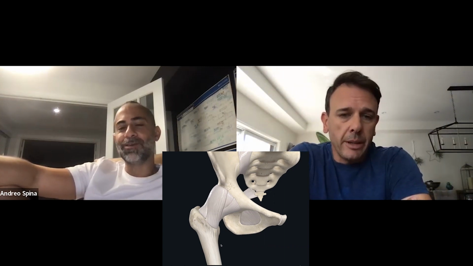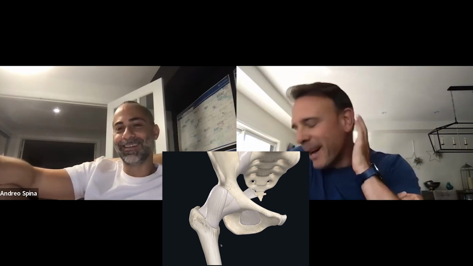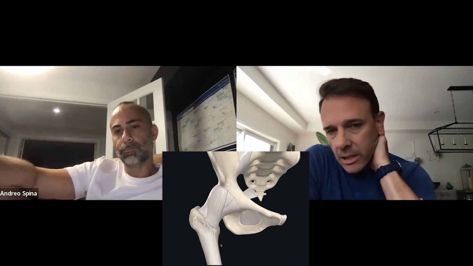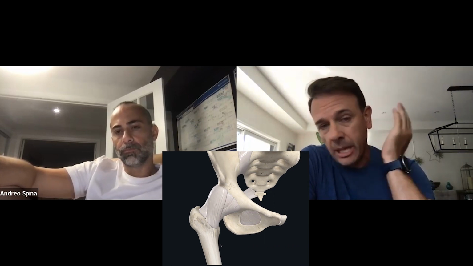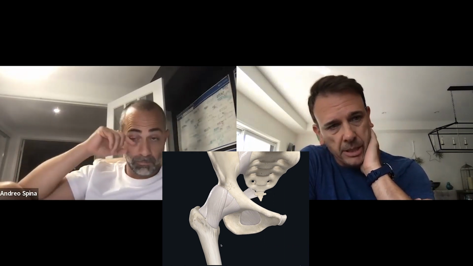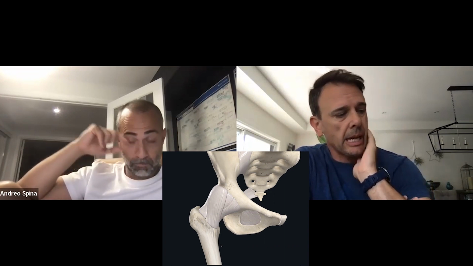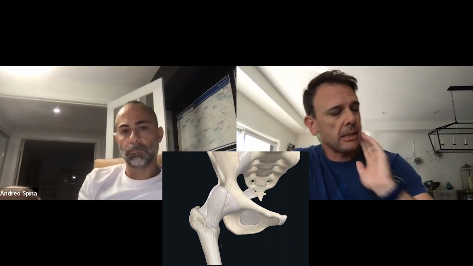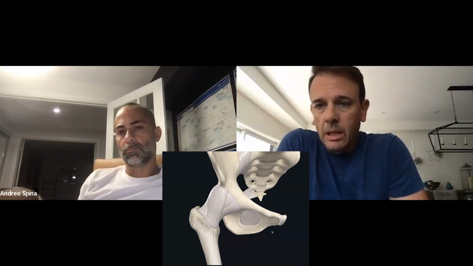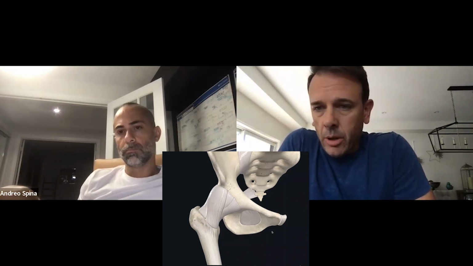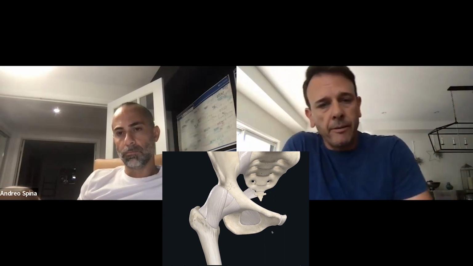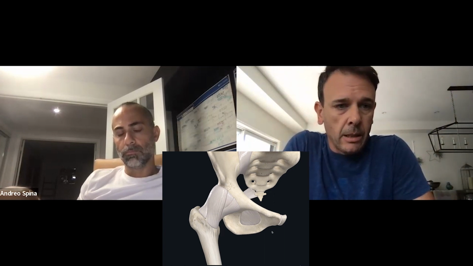But the anterior and posterior hip capsule are highly innervated with a dense population of mechanoreceptors, which, as we have discussed, is very important for feedback to the nervous system about joint position, joint pressure, speed of movement, and so on and so forth. That's really important from a motor learning and movement perspective.